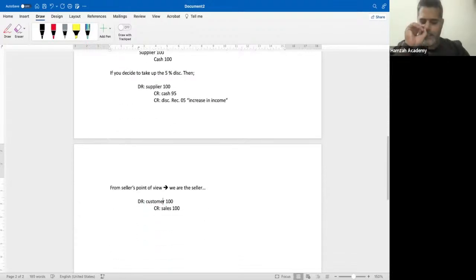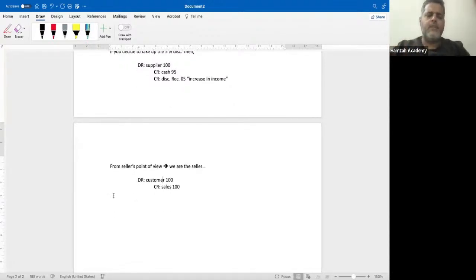Obviously we are going to debit the receivable, or the debtor or the customer, and we are going to credit the sales. Now, if our customer doesn't take up the discount, then we are simply going to debit the cash with 100, and credit the customer with 100.